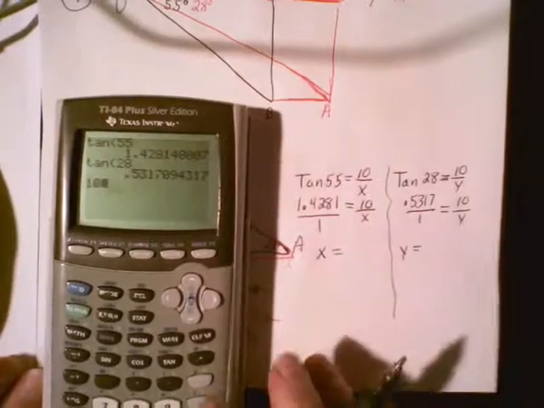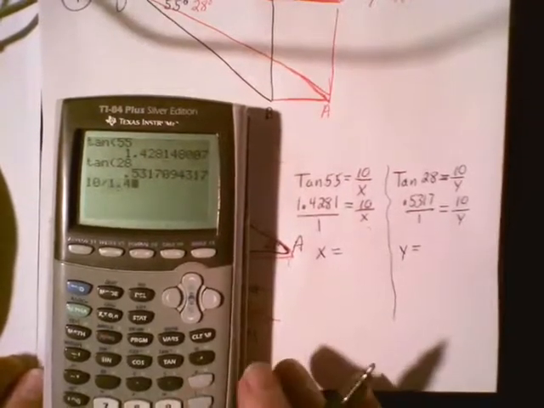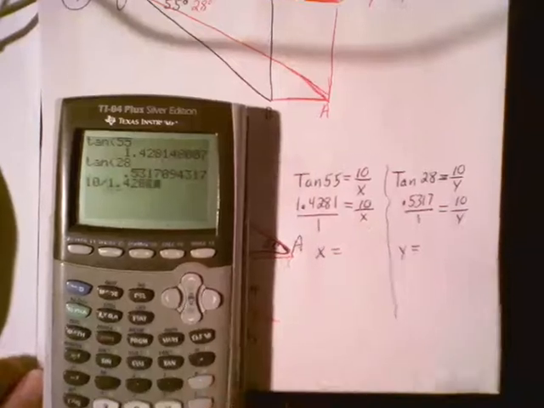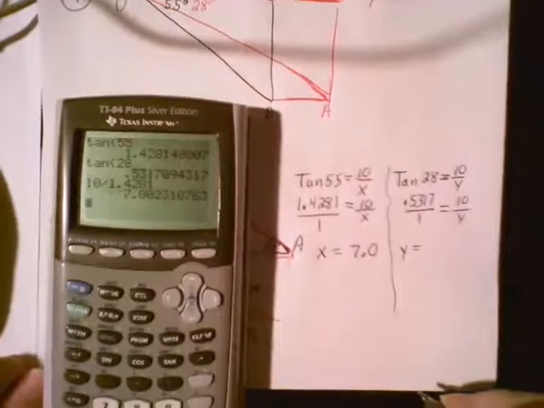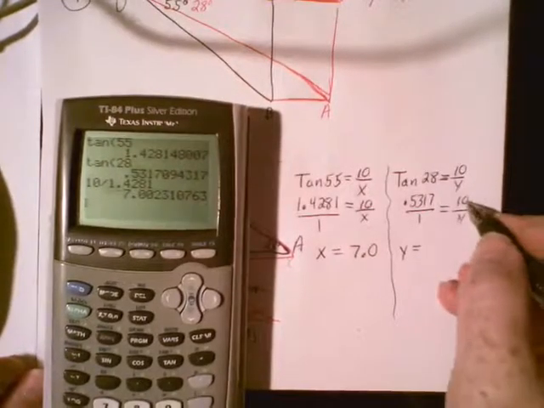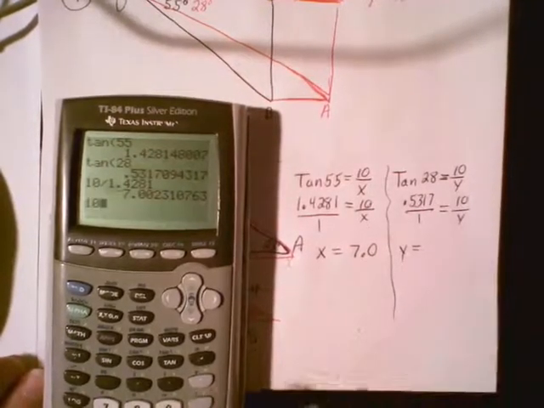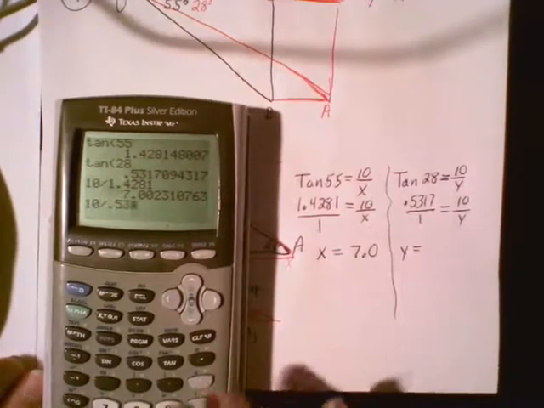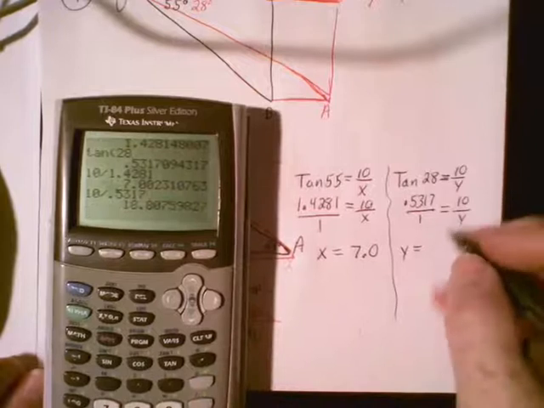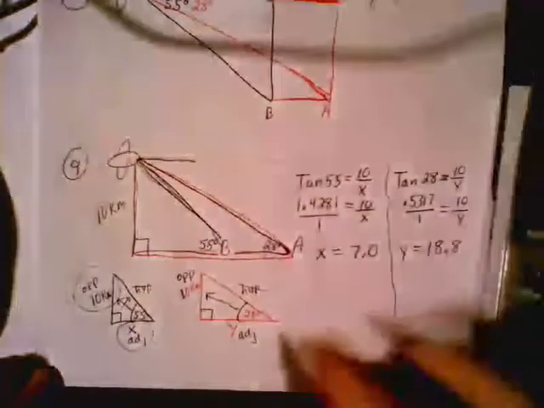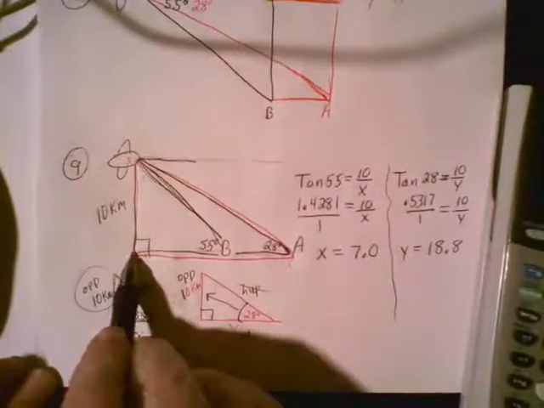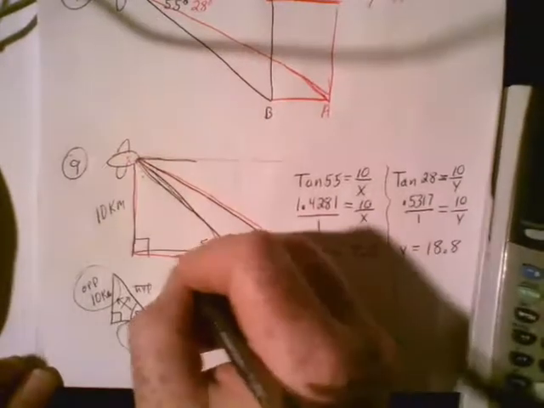So 10 divided by 1.4281 gives me 7.0. And then over here we do 10 divided by 0.5317. That gives me 18.8. So this distance from here to B is 7.0.